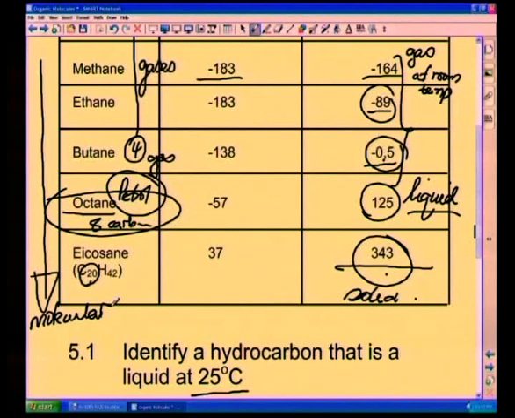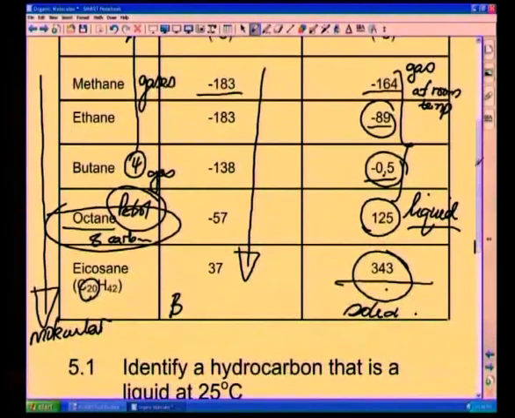Look at it. This must be the melting point. The melting point increases as the molecular mass of the substance increases as well.